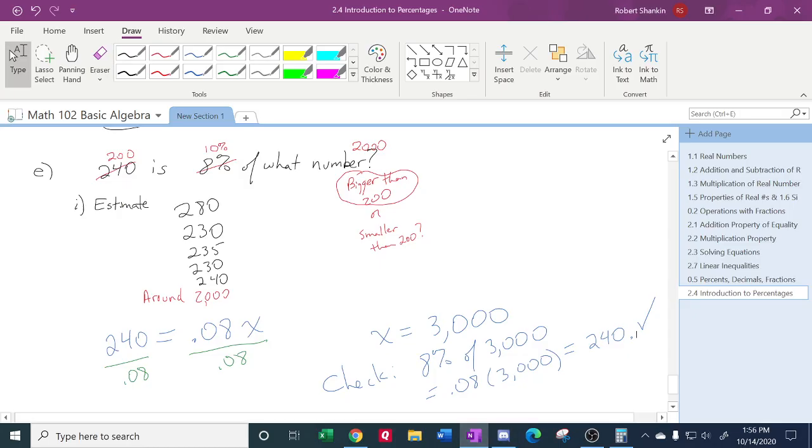So I get pretty excited as a teacher when I see estimates that are way off, because it's like, all right, here's a great learning opportunity. But it also means that we need to practice this a bit more. So let me give you another one.